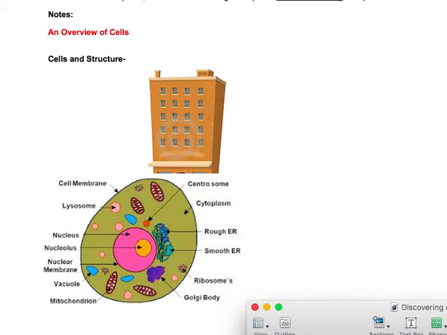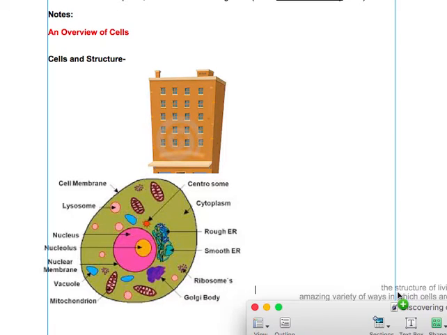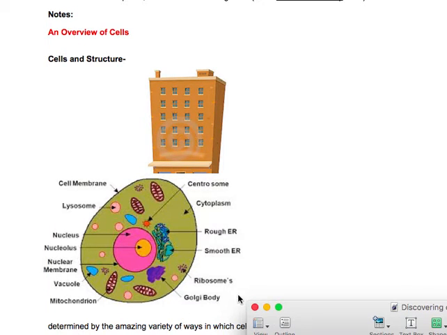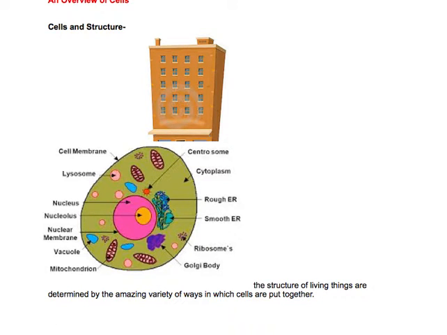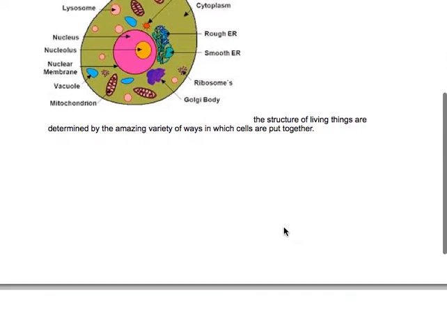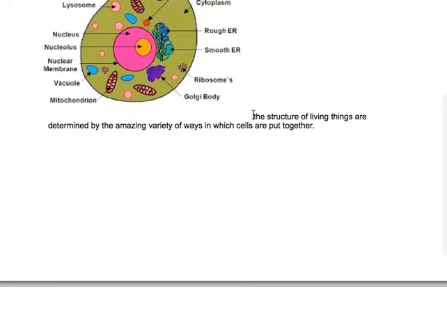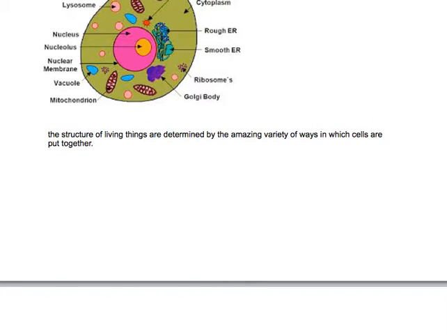So the structure of living things is determined by the amazing variety of ways in which cells are put together. Obviously, the more complicated the organism, the more variety you're going to have in those cells. So, for example, a bacterium is just one cell. It's not going to be very complicated.